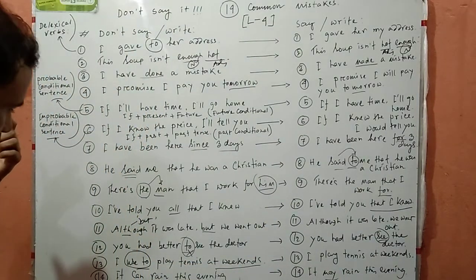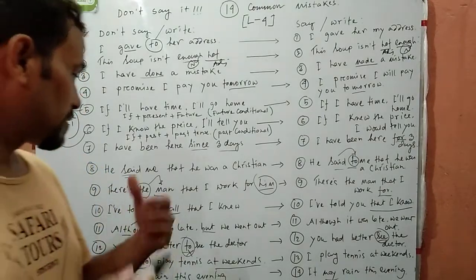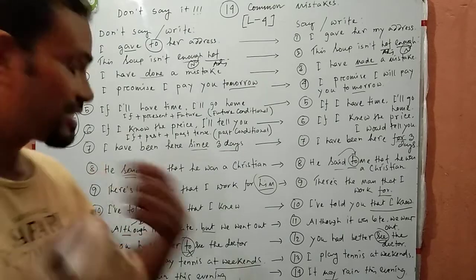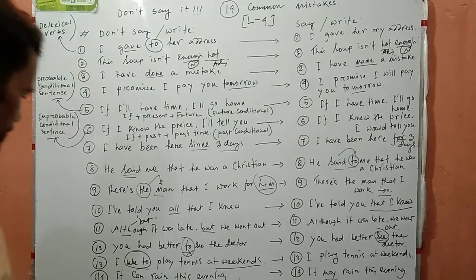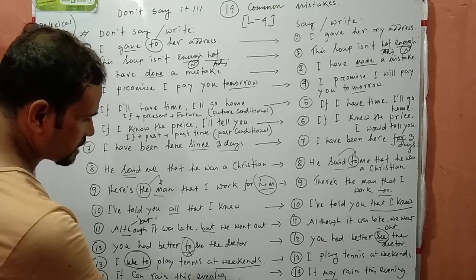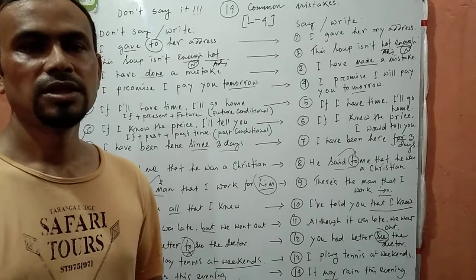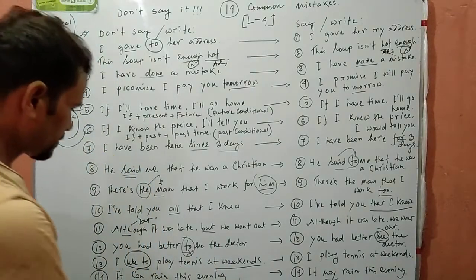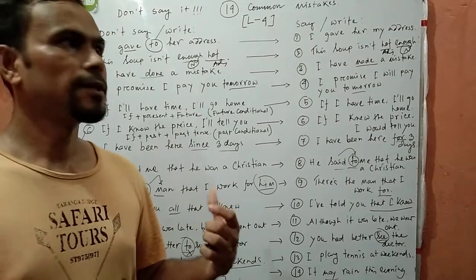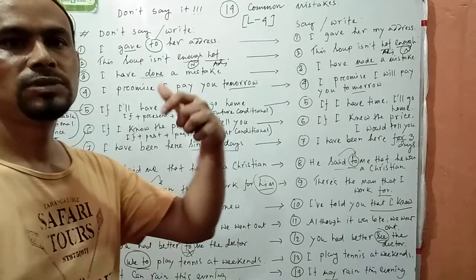Last sentence, 14. Lastly, it can rain this evening. This sentence is not correct because it can rain this evening means there is a possibility it will rain in the evening.